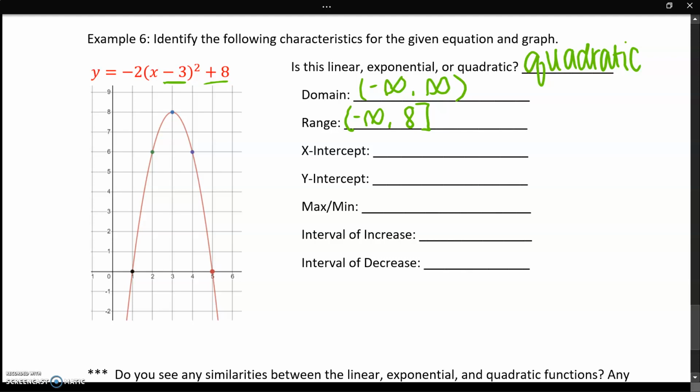We only use parentheses when we don't touch that point on the graph. Since my graph is open down and it crosses the x-axis, I will have an x-intercept. My first x-intercept is 1, 0, and my second one is 5, 0.